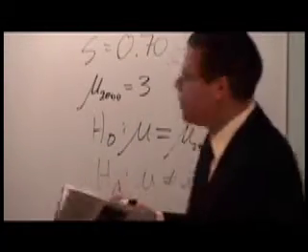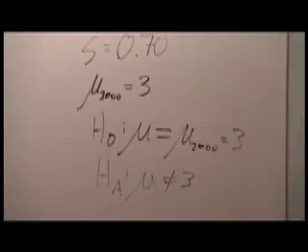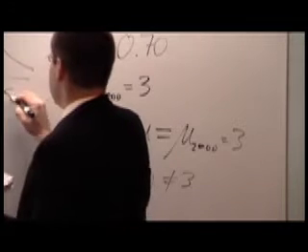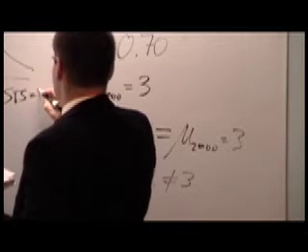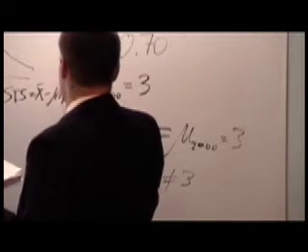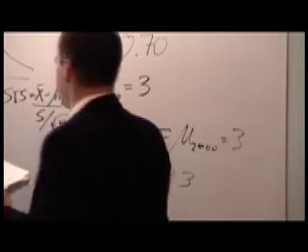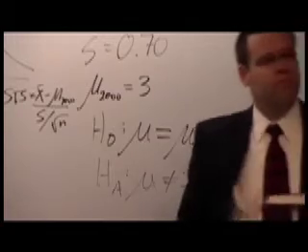Left. So, under the null hypothesis, the distribution of the standardized test statistic, which is x bar minus mu sub 2000 over s divided by the square root of n, is distributed how?